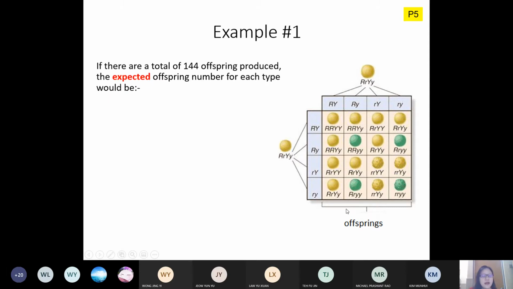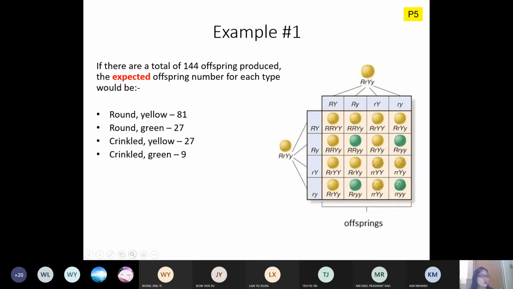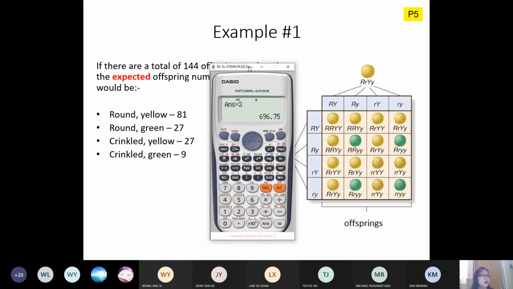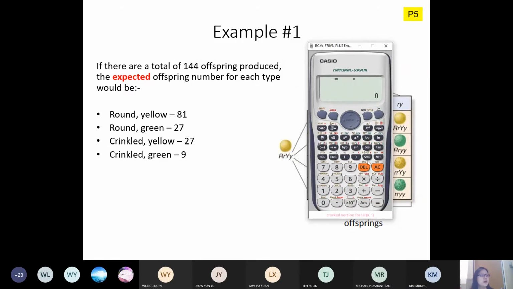Now, let's say you have a total amount of 144 pea offspring, and the expected ones would be these. Now, if you don't believe me, you can do some verification by yourself. How do you do that? You take 144 divided by 16, because 16 is 9 plus 3 plus 3 plus 1.